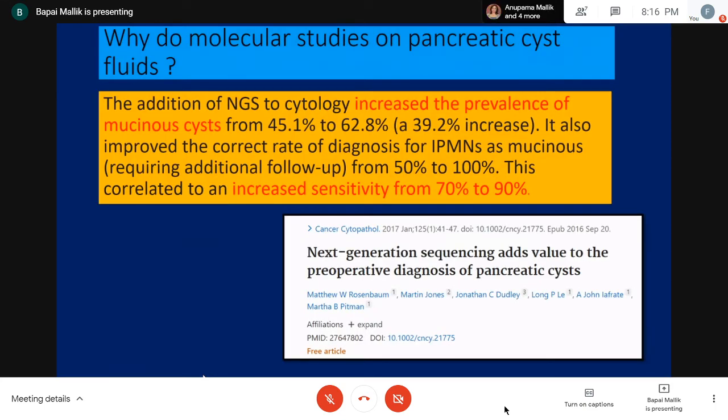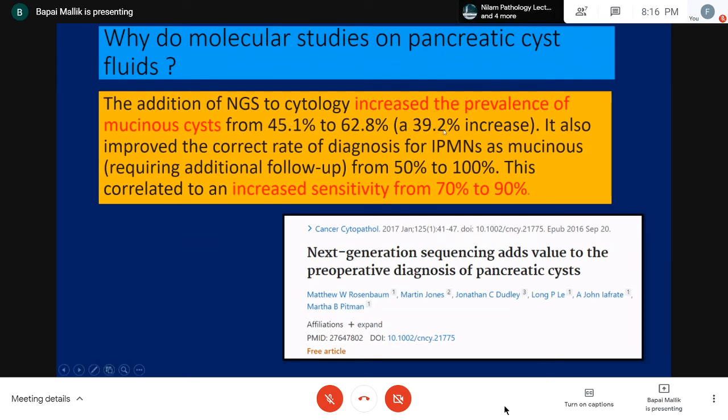So, why do molecular studies on pancreatic cysts? Why do I do them? The reason is, if you add next generation sequencing to cytology, in a particular paper published in Cancer Cytopathology by Rosenbaum et al., it increased the prevalence of mucinous cysts from 45.1 to 62.8%. So you can see the number of mucinous cysts which were not detected by just doing cytopathology and biochemical cyst fluid analysis.